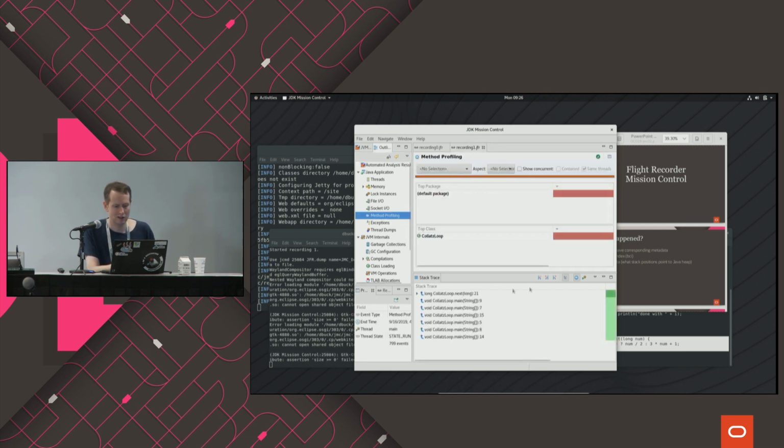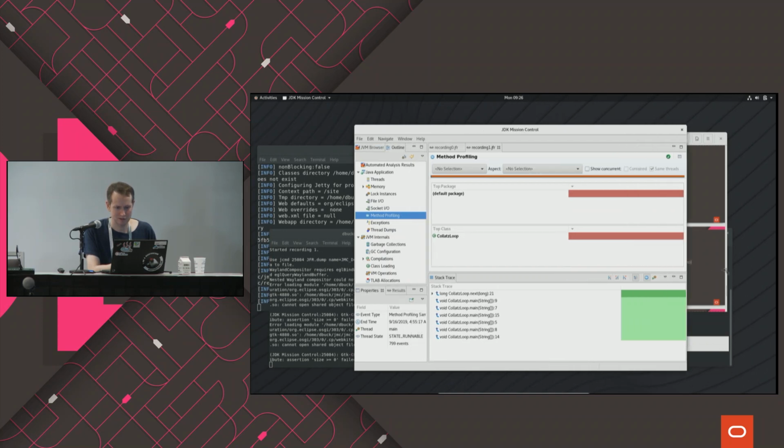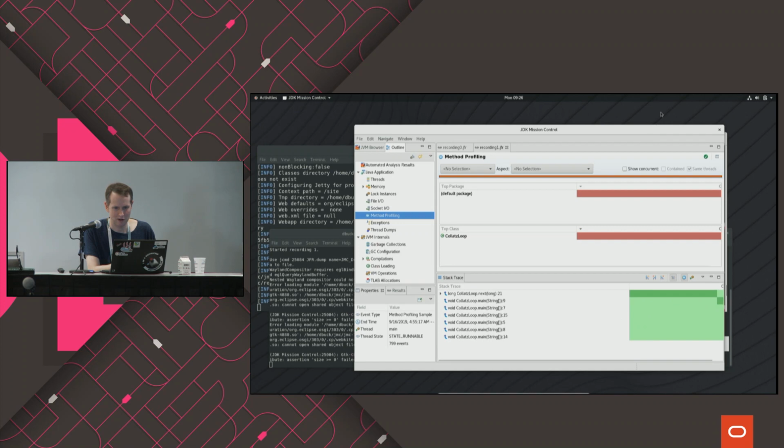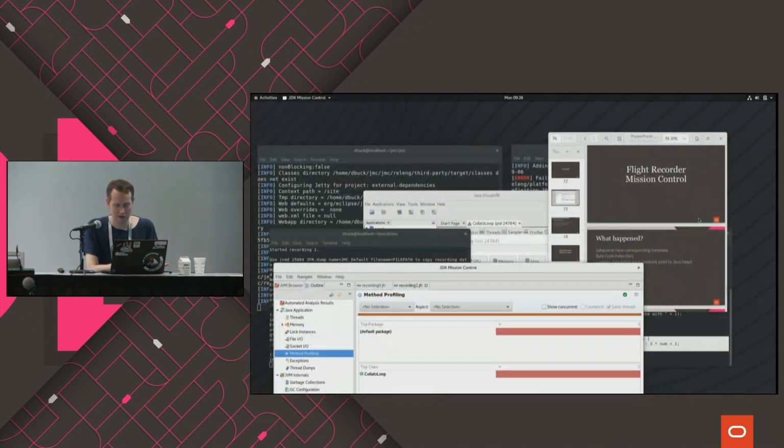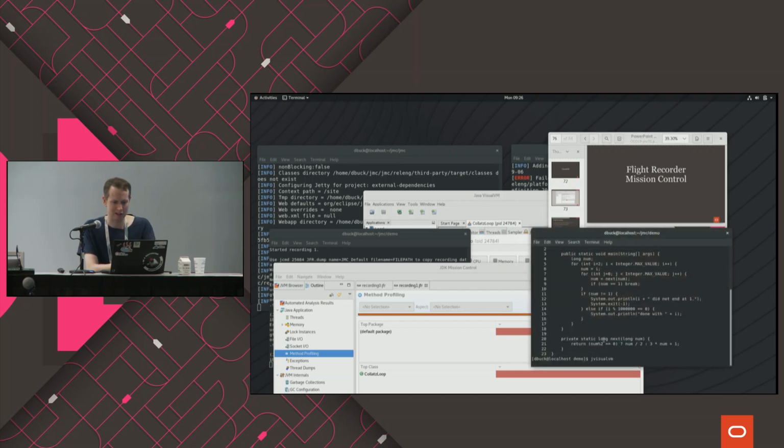You can see here, by far, almost all of our sampling counts are in the next method, and it's actually giving us line numbers, which we can verify against our source code, so we know it's in line 21.